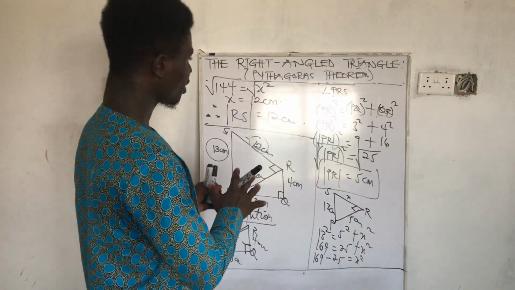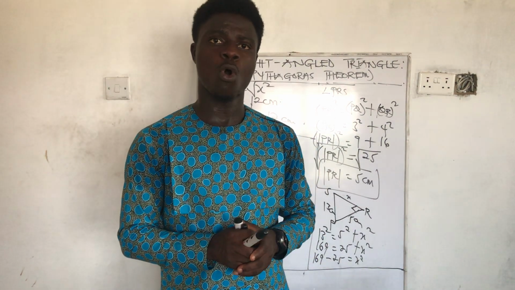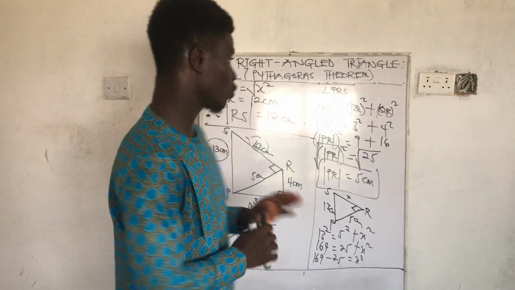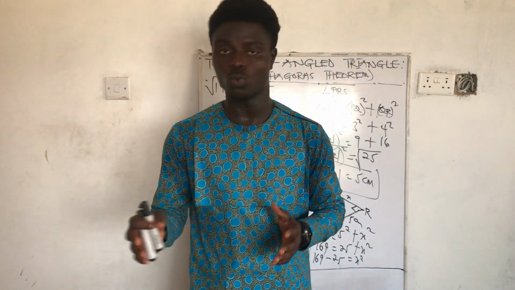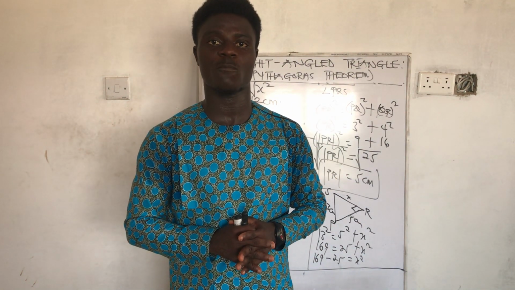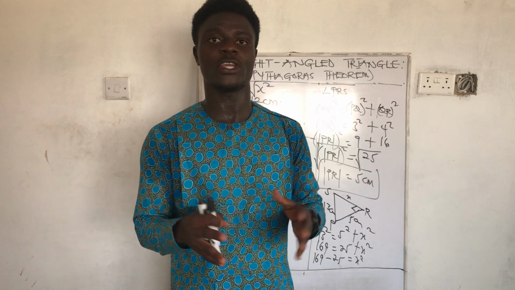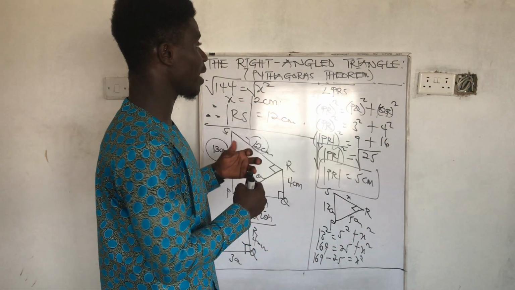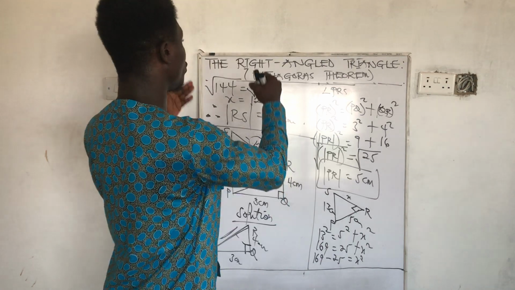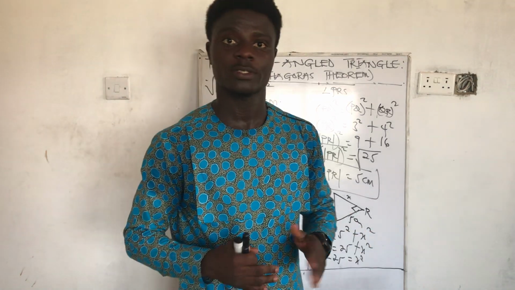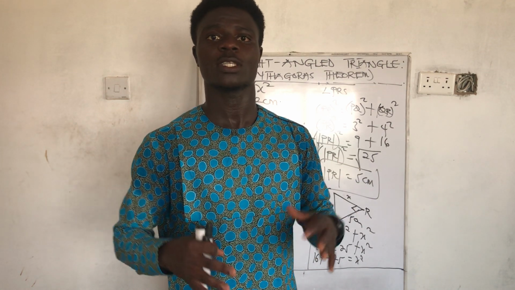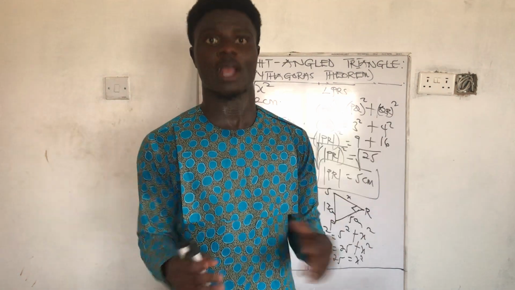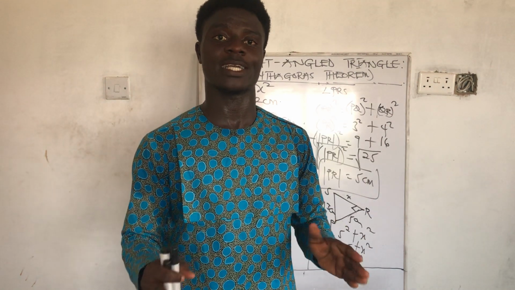Today, because I've given you more exercises on my last video, we are okay. When we meet on our next video, we'll start with applications of the Pythagoras theorem. We are using the Pythagoras theorem to solve problems in our daily life activities. So applications of the right angled triangle are known as the Pythagoras theorem.